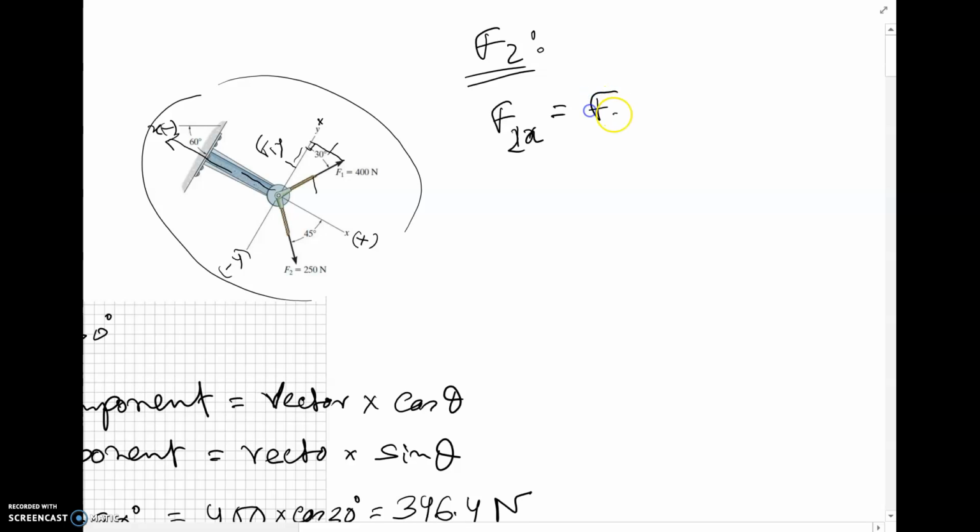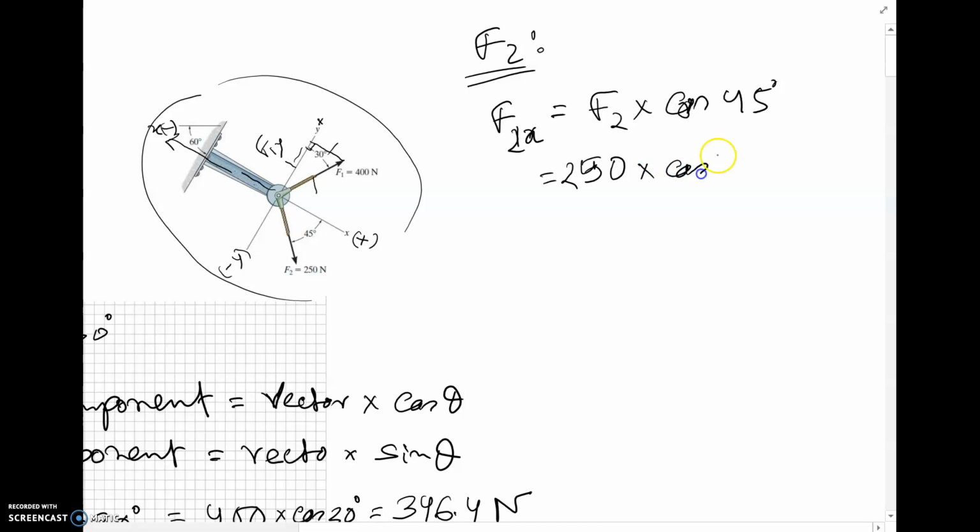So F2 multiplied by cos 45 degrees, where F2 is 250.